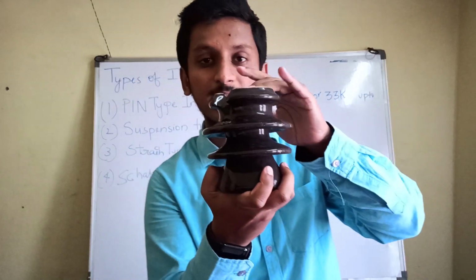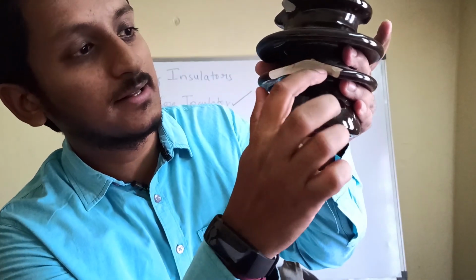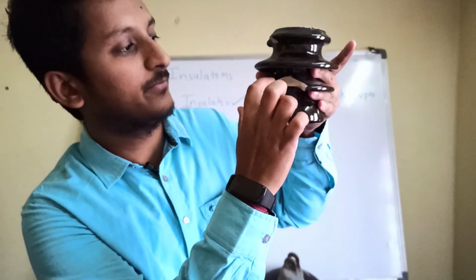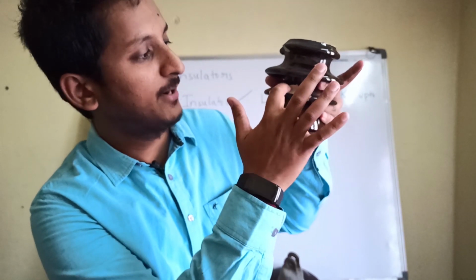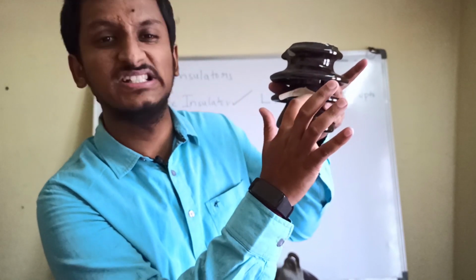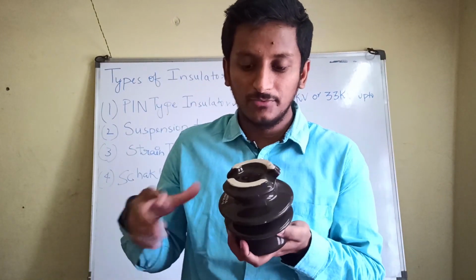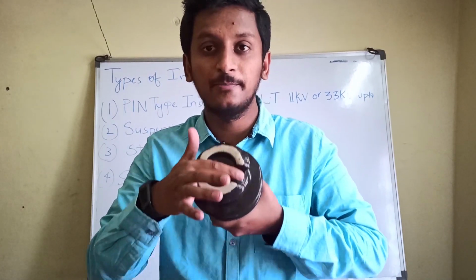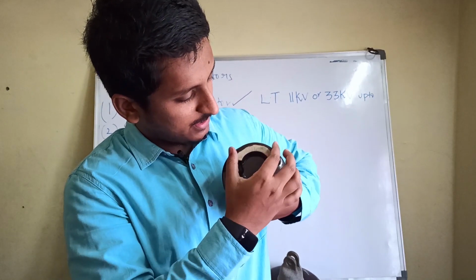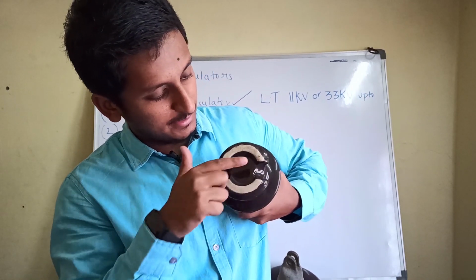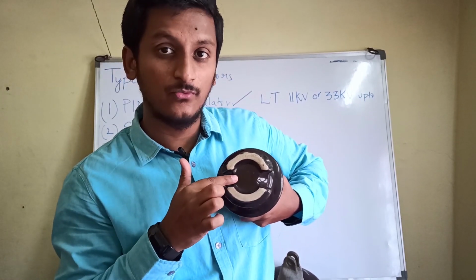Now inside this you can see here, this entire part is called cementing. And on the top of the insulator, you can see this top part is called the groove.